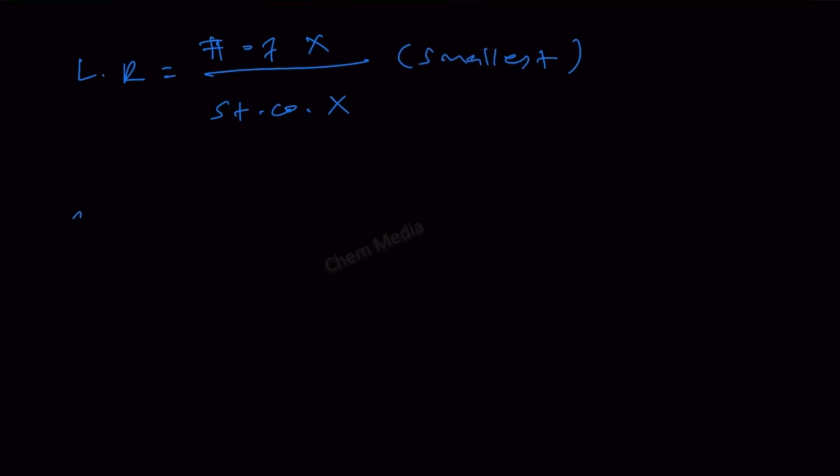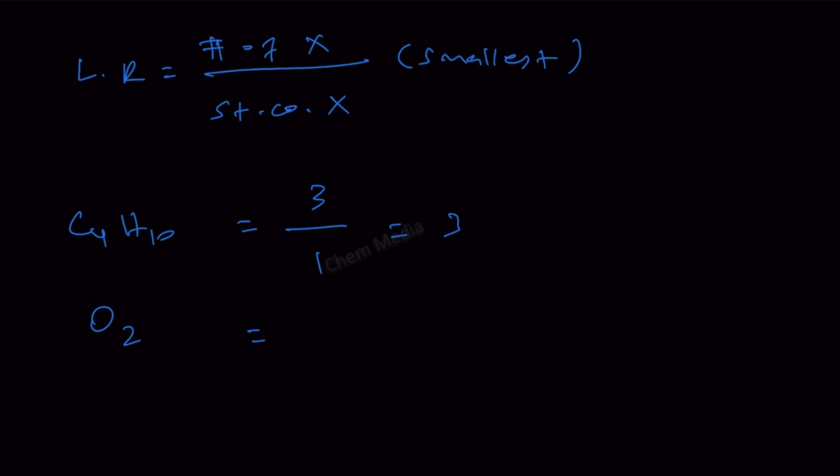Now which one will be the limiting reagent? Limiting reagent is number of moles of reactant divided by stoichiometric coefficient of reactant, and whichever is smallest out of that is the limiting reagent. So for butane, what is the number of moles we found? It was 3 moles, stoichiometric coefficient is 1, so therefore 3 by 1 is 3. How about O2?